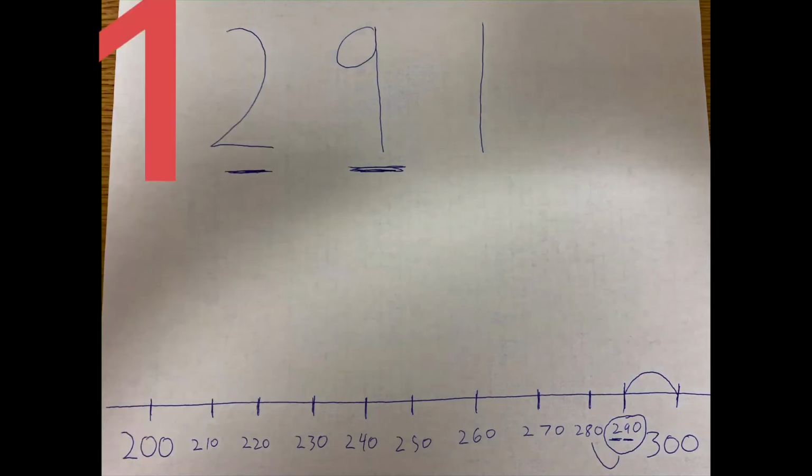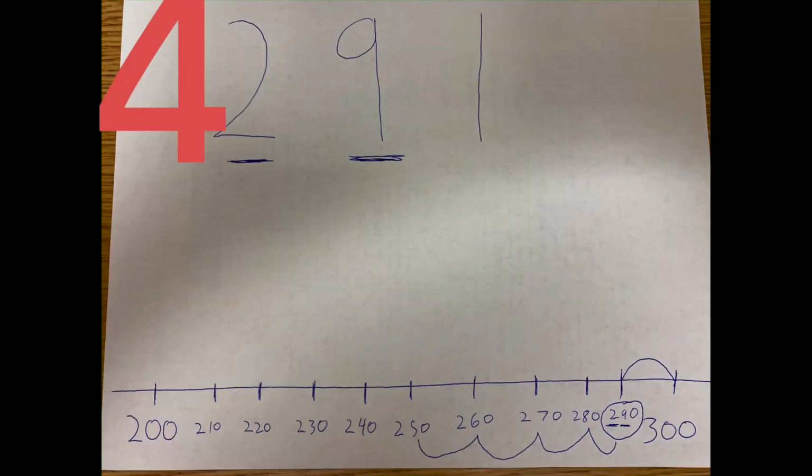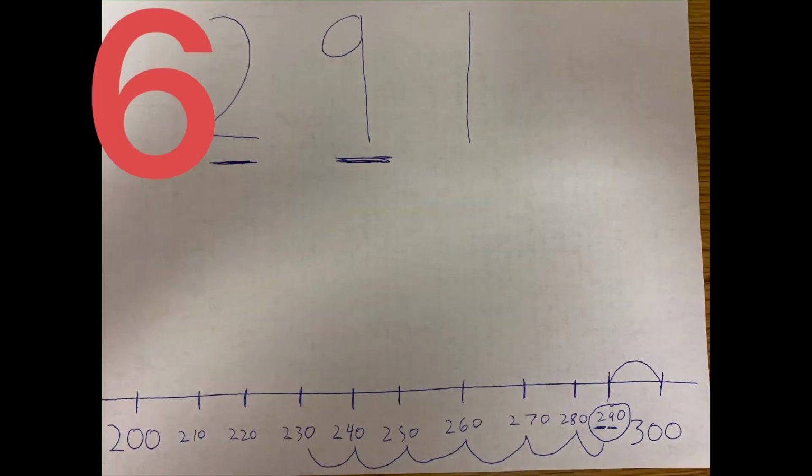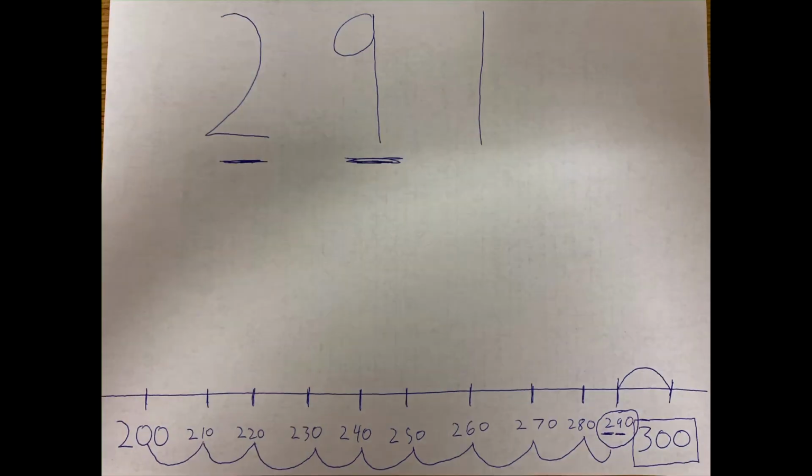Ready? 1, 2, 3, 4, 5, 6, 7, 8, 9. There are 9 spaces between 290 and 200, but only 1 between that number and 300. Therefore, 290 and 291 both round up to 300.